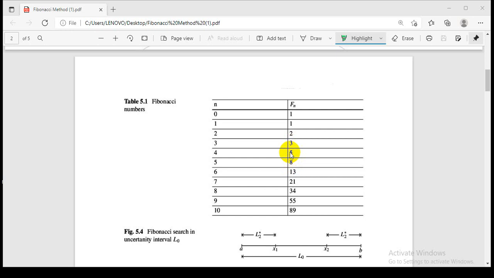And 8 plus 5 equals 13. And 13 plus 8 equals 21. And 21 plus 13 equals 34. And 34 plus 21 equals 55. And 55 plus 34 equals 89, and so on. This sequence is a Fibonacci sequence.